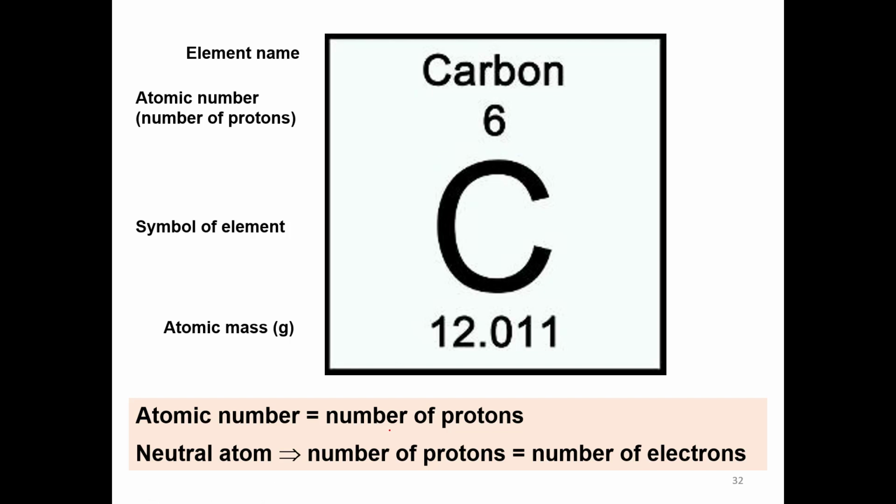This tells you how many protons and how many electrons we have if we have a neutral atom, meaning the same number of positive and negative charges. Again, this is the symbol, and here is the atomic mass, which is usually at the bottom of the symbol. These things are also important to identify in the periodic table.